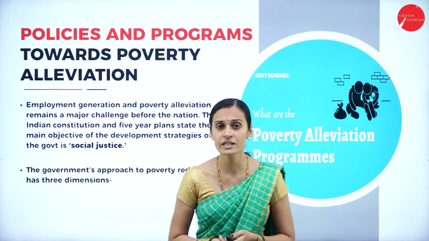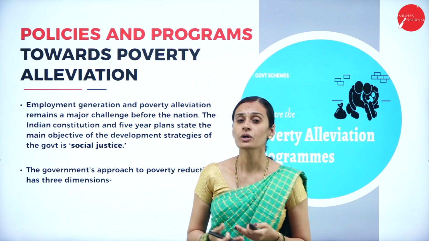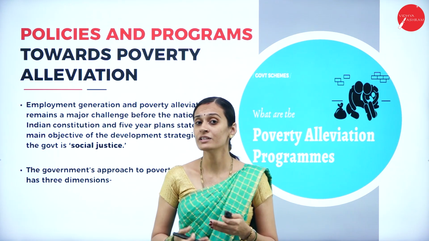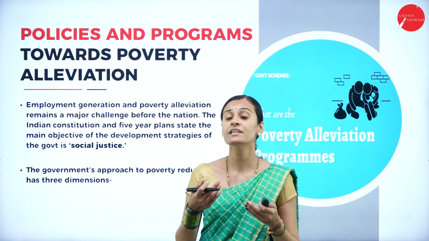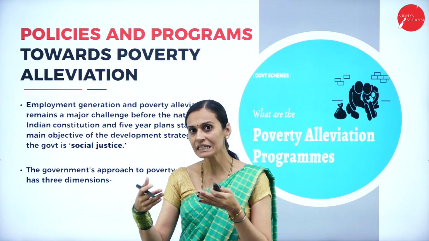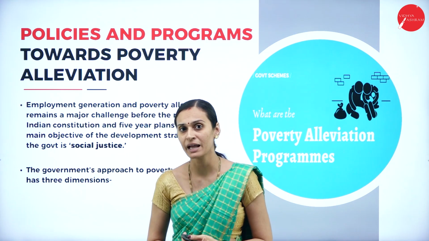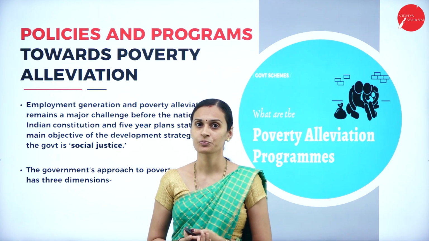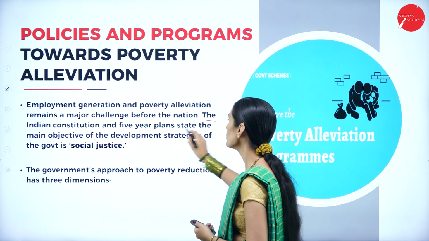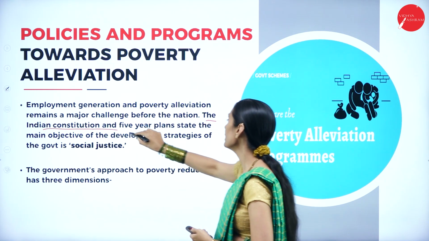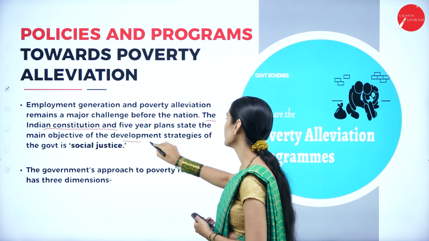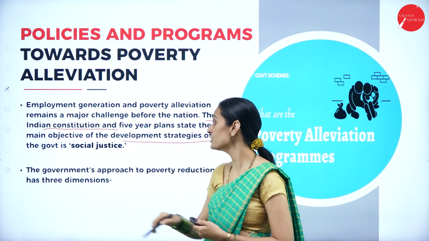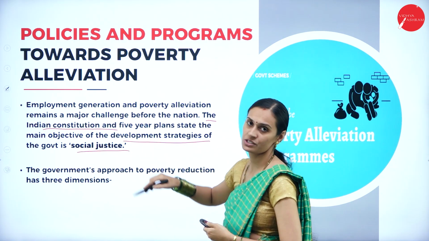The government has taken several measures to eradicate poverty with different frameworks and also created employment opportunities, and these frameworks were implemented through 5-year plans and different policies. The Indian Constitution and 5-year plans state that the main objective of the government's strategy is social justice.